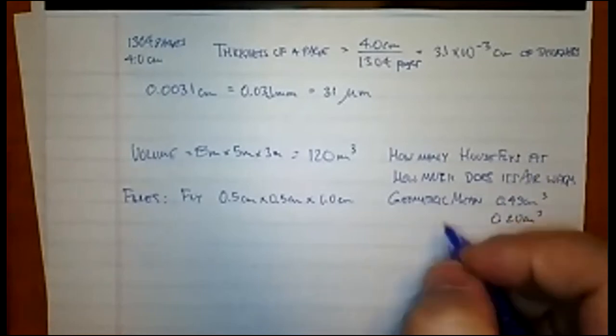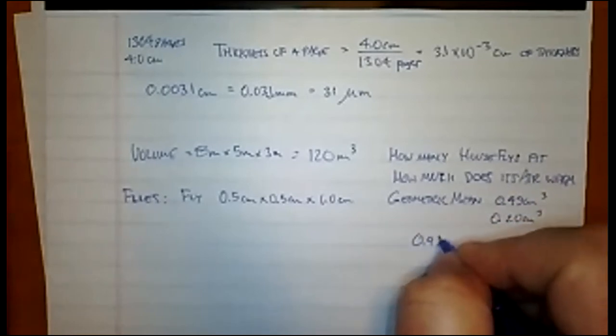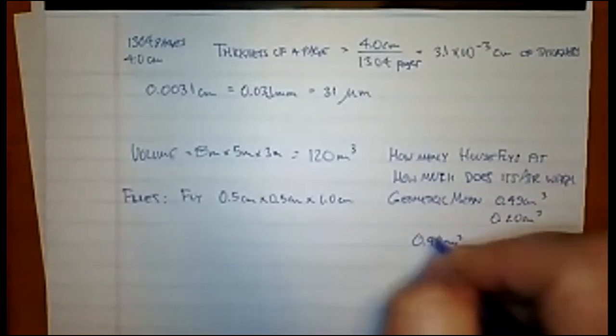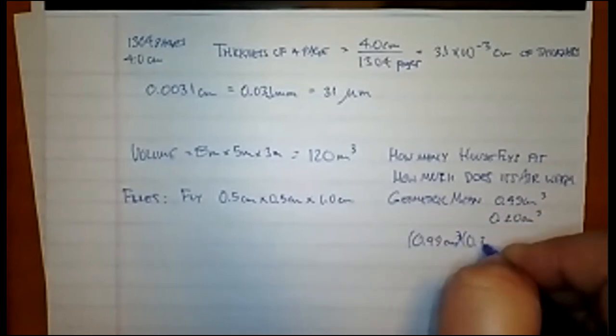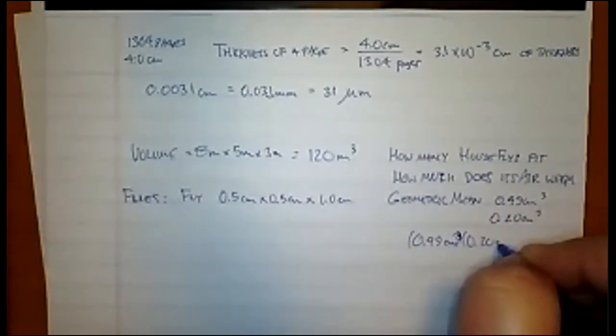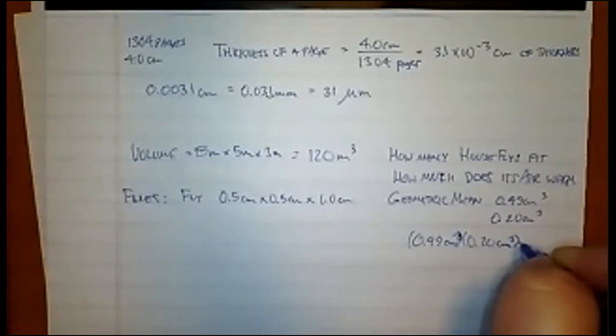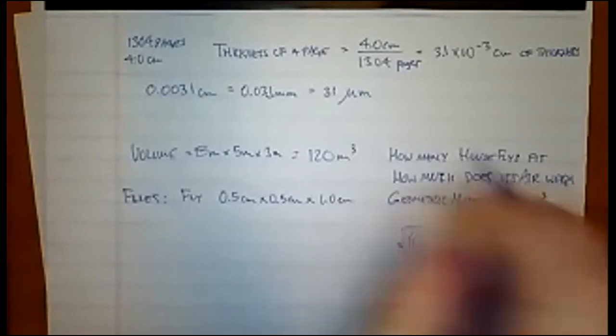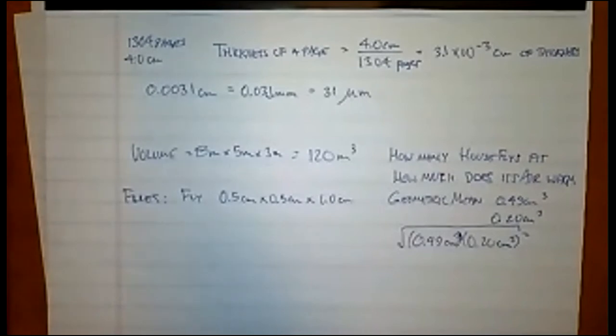If that was the case, then you take 0.49 cubic centimeters times 0.20 cubic centimeters, and then you take the square root of that, and that would be the geometric mean.